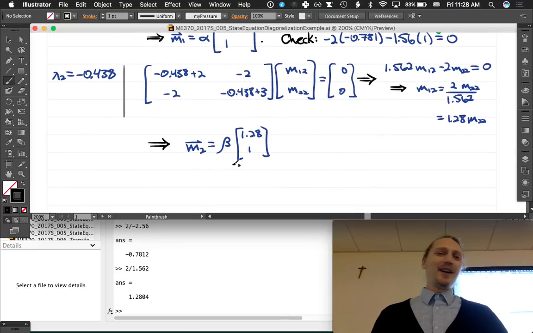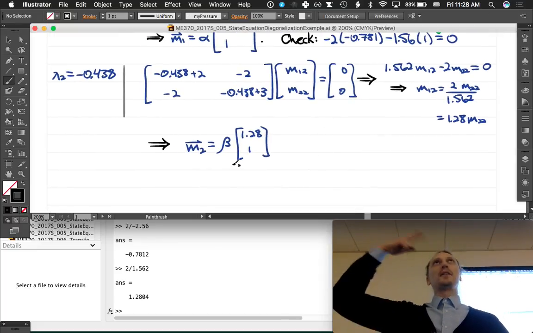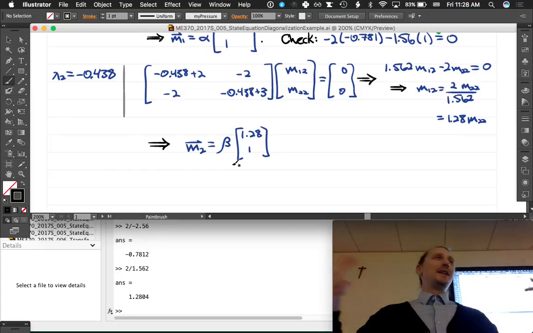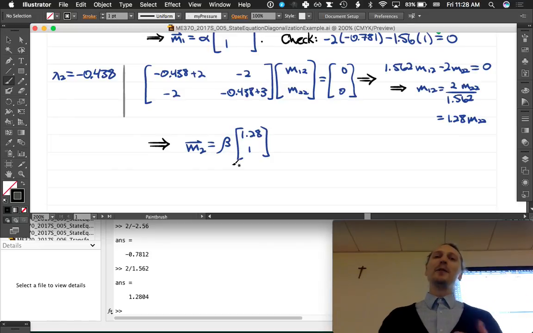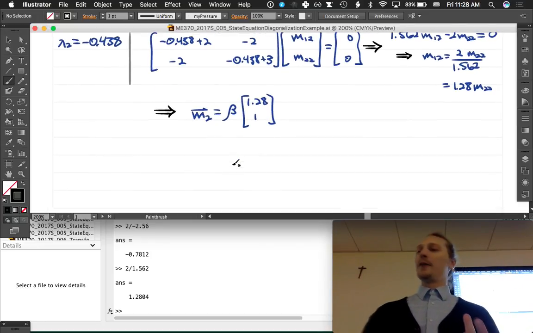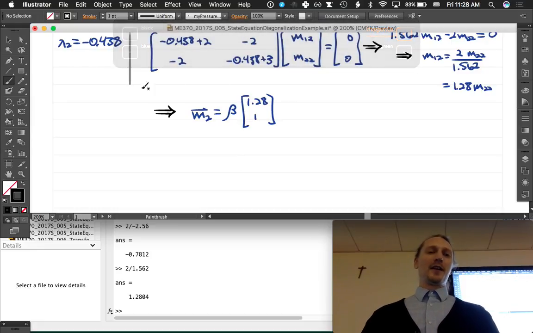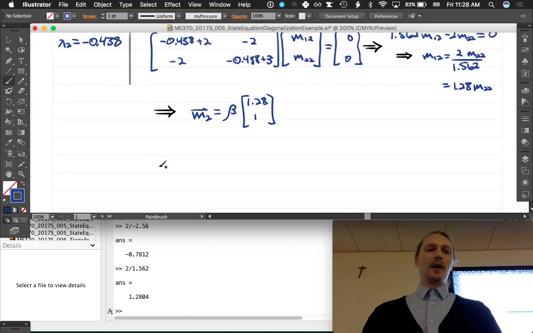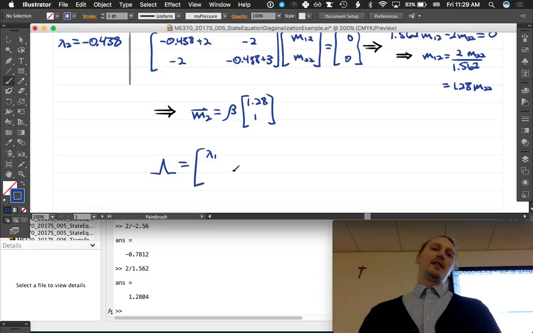Okay, so here I've got my eigenvalues and eigenvectors. Let's pop on over to Matlab and see what they get. Well, actually, let's write our modal and eigenvalue matrix. So our eigenvalue matrix, capital lambda. I have a hard time writing that because my pen smooths out. There we go. And that's just the eigenvalues along the diagonal, right?